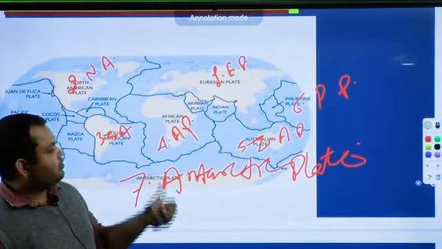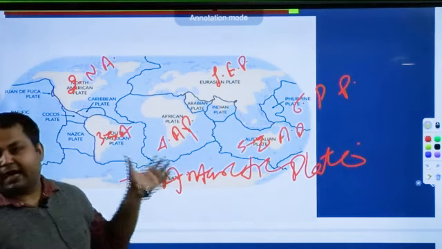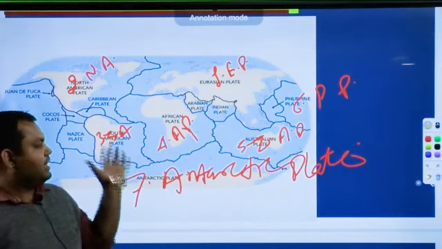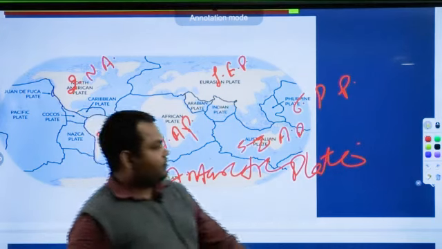These are the 7 major plates you have seen on the map.